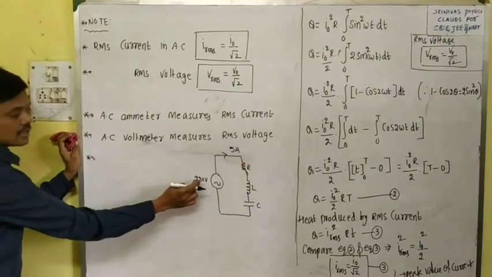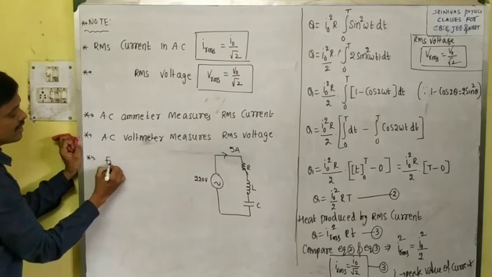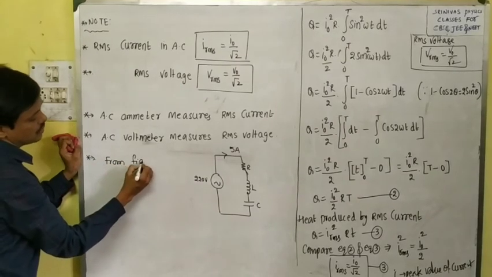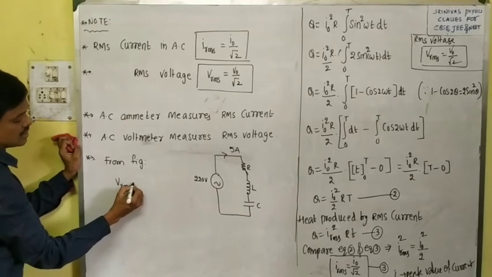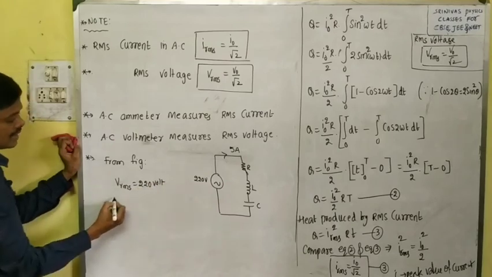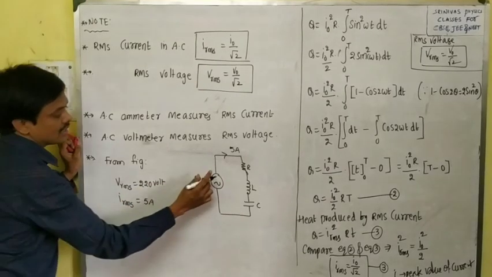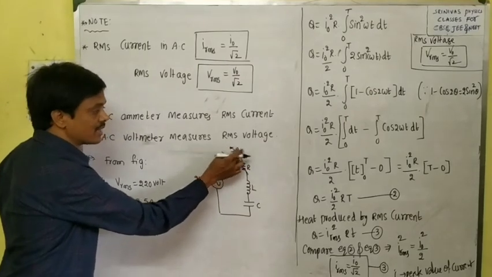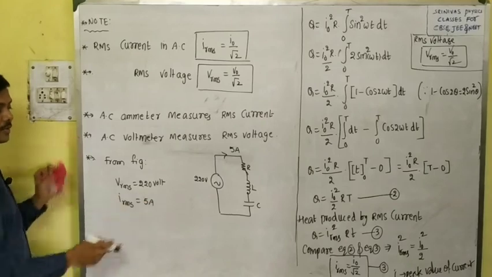Here 220 volts means RMS voltage. From the figure, the AC source voltage is Vrms and the AC current is Irms. The AC current value varies, but here they gave 5 amperes, that means RMS current.